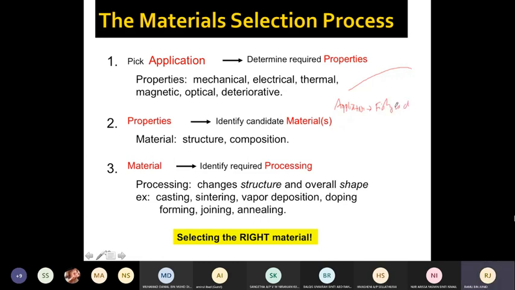From the application, you can determine the required properties. A fishing rod must be high strength, low weight, and flexible. Flexible means boleh lentur.